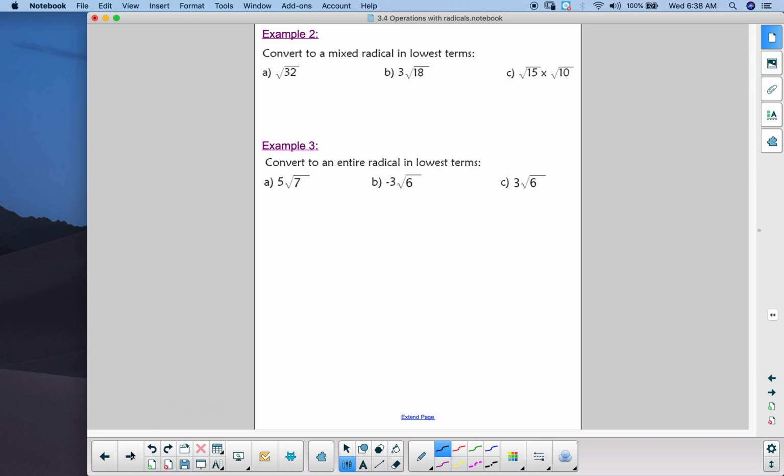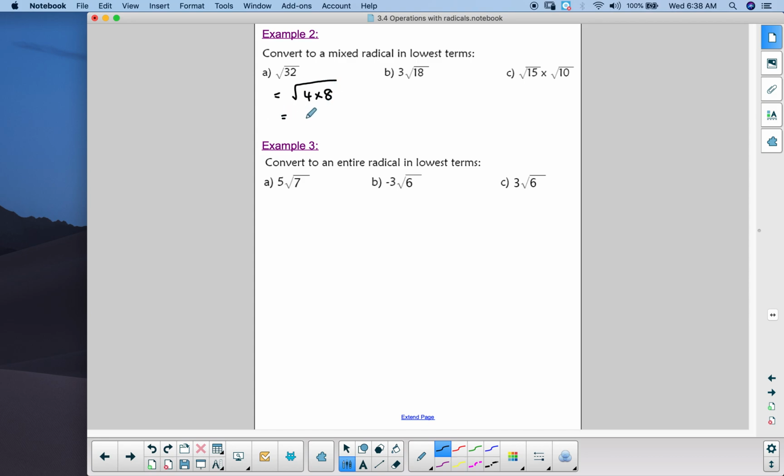So we're going to try these examples where we convert mixed radicals to their lowest terms by simplifying. And in example 3, we'll convert an entire radical into its lowest terms. Okay, so if you had this square root of 32, you can rewrite that as 4 times 8. 4 8s are 32.